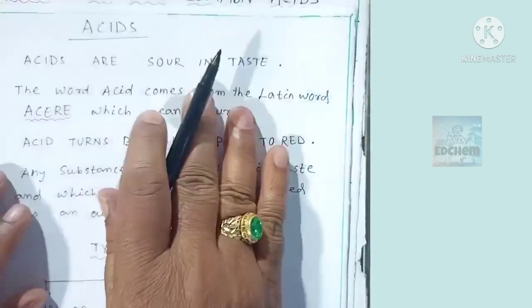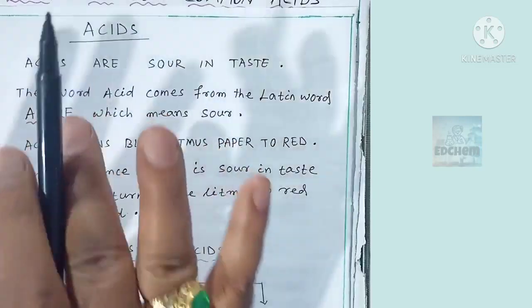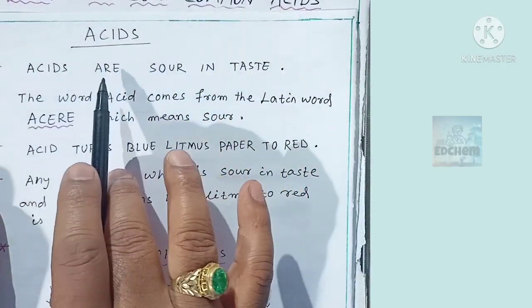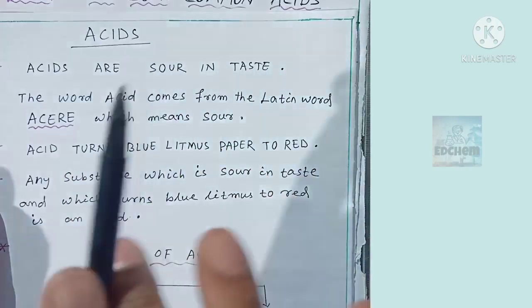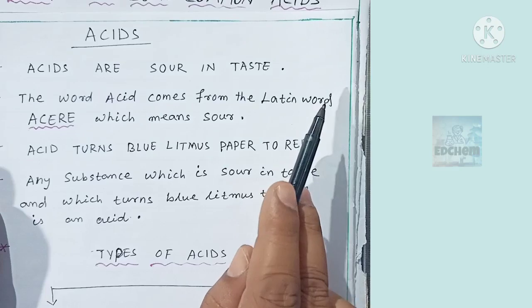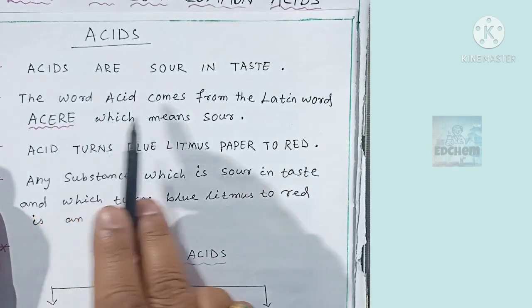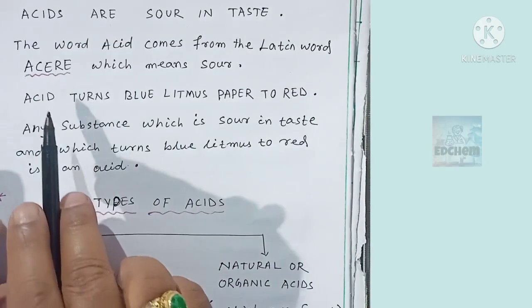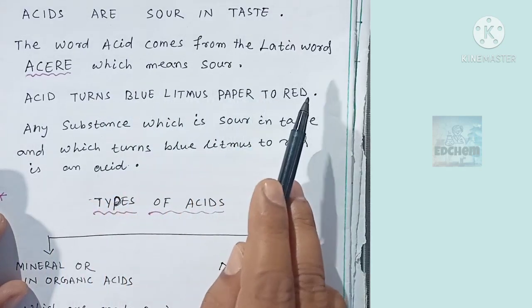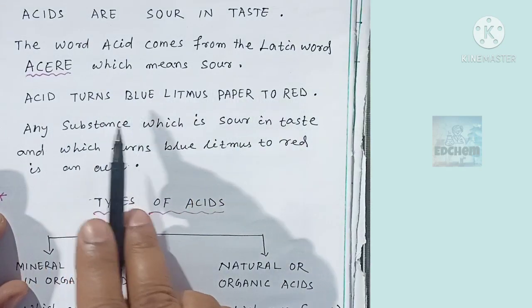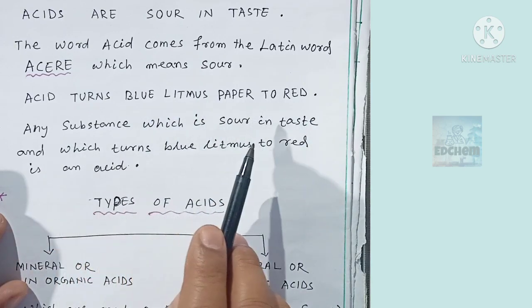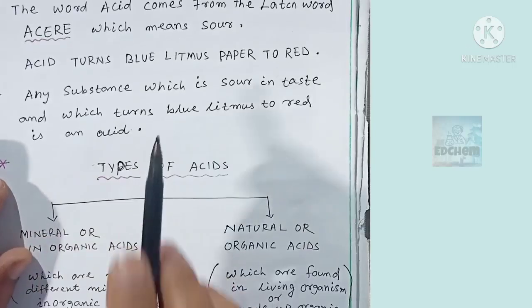I am summarizing what you have learned. We have discussed acids. Acids are sour in taste. The word acid comes from the Latin word acere, which means sour. Acid turns blue litmus paper to red. Any substance which is sour in taste and which turns blue litmus paper to red is an acid.